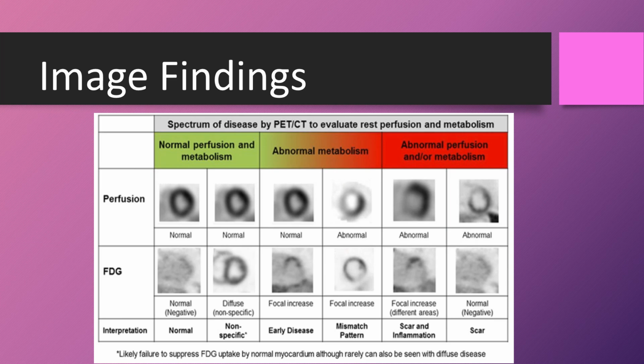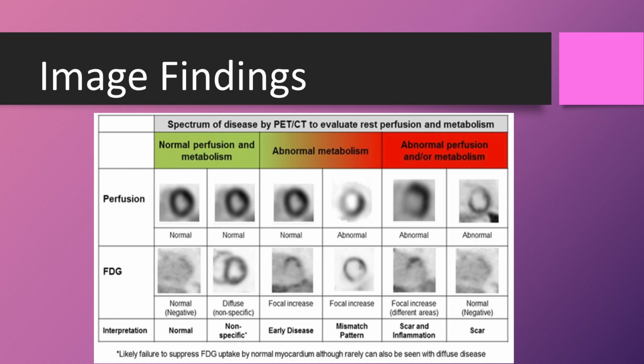and so this patient may not have been glucose loaded properly. And then abnormal metabolism, if there is a normal perfusion study, but focal increase in the myocardium with the FDG, that indicates early disease. There is some reversibility there. If it is abnormal on the perfusion, but then there's a mismatch pattern, which means the part that is showing up as non-perfusing on the resting study takes up the FDG, that shows us that that's a mismatch pattern and there's a focal increase.